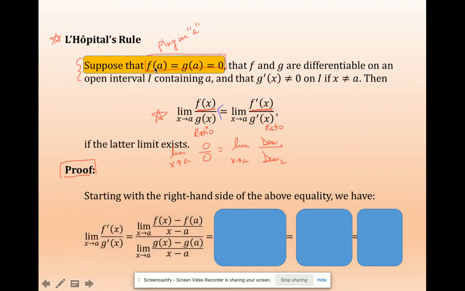Again, remember, when you plug in A to the original functions, you get 0 for both of them, and you're making a ratio of 0 over 0. So look at what I did here. F prime, this is the definition of the derivative, right? y2 minus y1 over x2 minus x1.